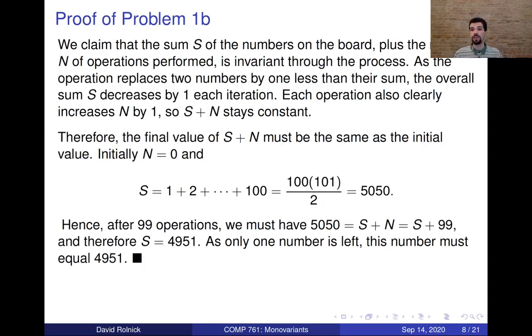And after a certain number of operations, 99 of them specifically, we must have that the invariant, which is 5050, is equal to s plus n, which is in this case s plus 99, and therefore s is equal to 4951. As only 1 number is left, this number must be that invariant, 4951.